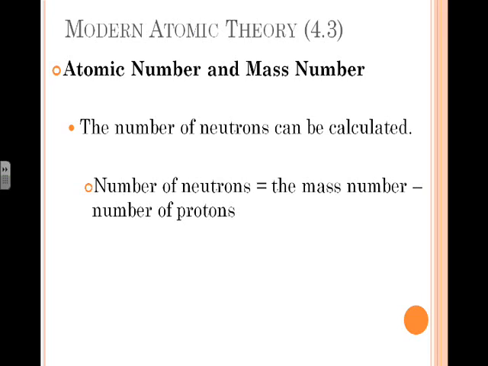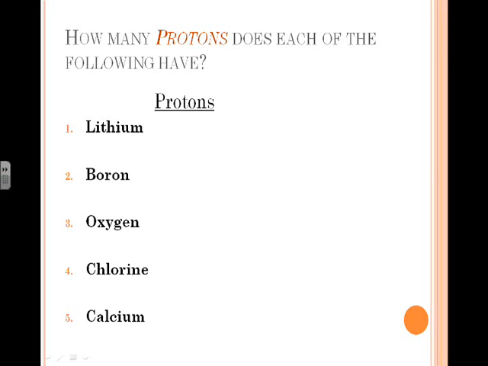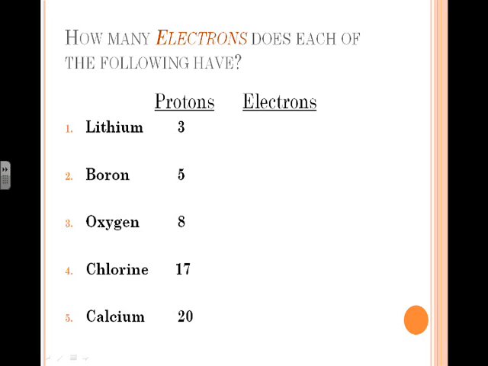Now let's do some practice. I want you to figure out how many protons each of these elements have. Pause the tape and then come back and check your answers. Just write down protons right now. All right, check your number of protons, and if you didn't get it right, look to see why. Now, let's practice finding electrons.